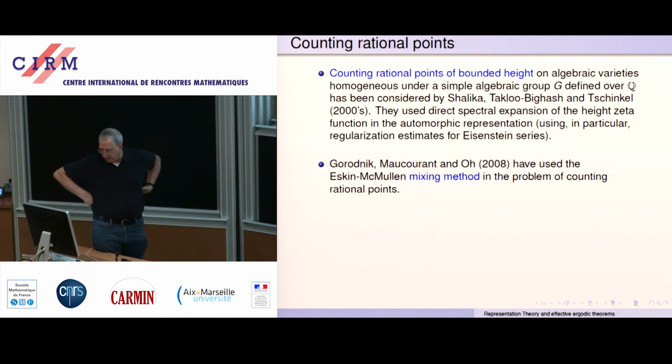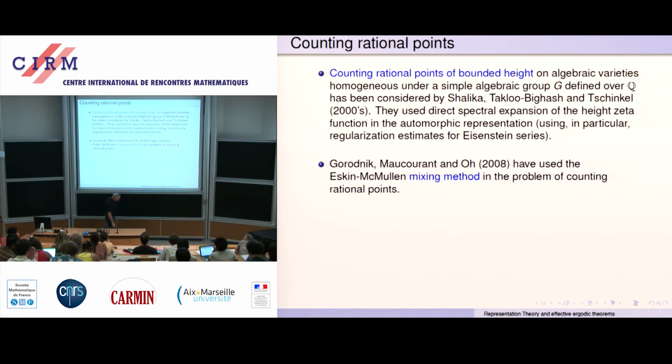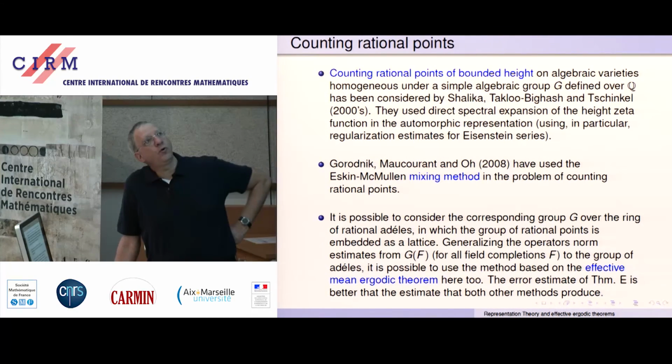Gorodnik, Mokoran, and O have used the Eskin-McMullen mixing method in this problem, and they have obtained a count for rational points. Maybe I should mention that the problem itself is related to a famous conjecture in arithmetic geometry called Manin's conjecture. But actually, it's possible to consider the group that we have.